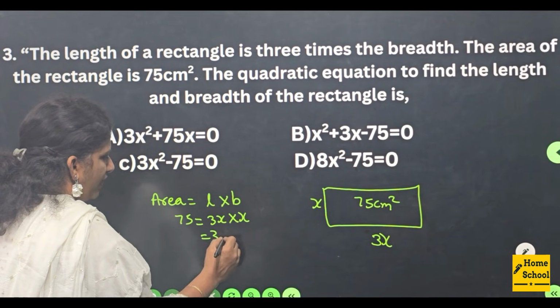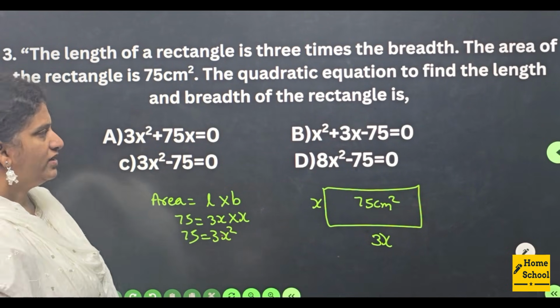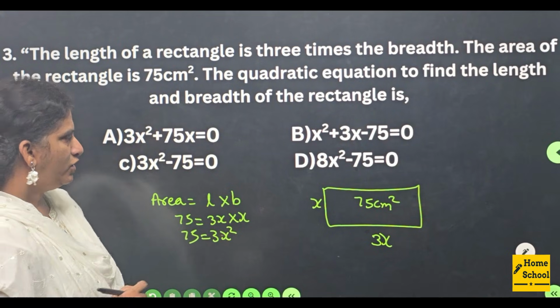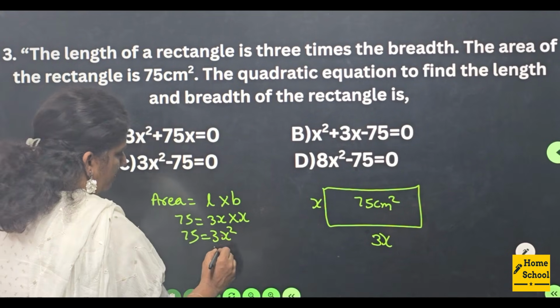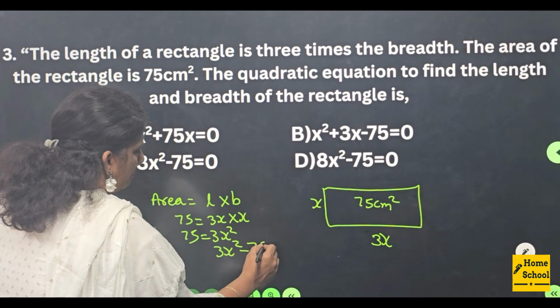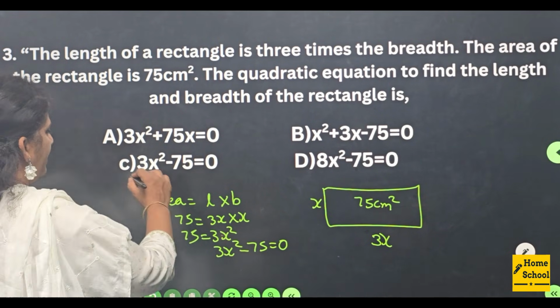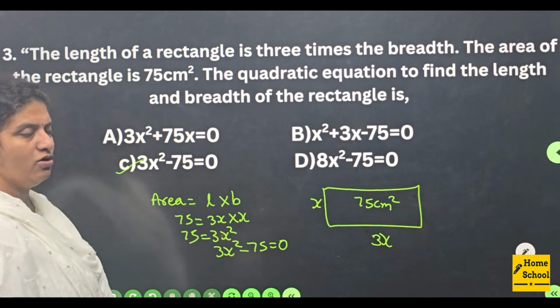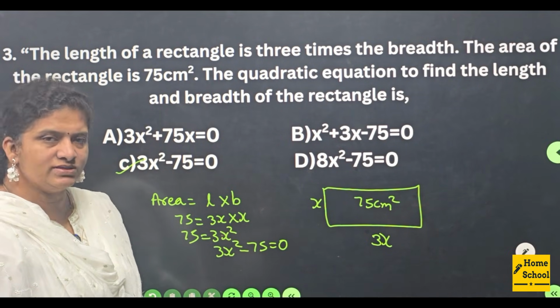That is 3x square = 75. Check for this option. Do you have this option? No. Bring the 75 this side. What happens? 3x square minus 75 = 0. Yes, your answer is option C.